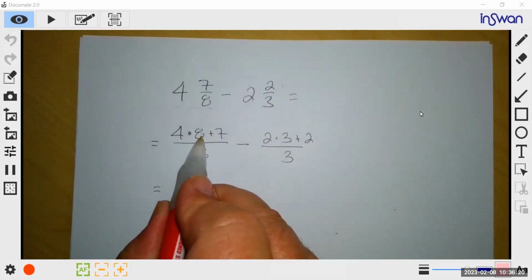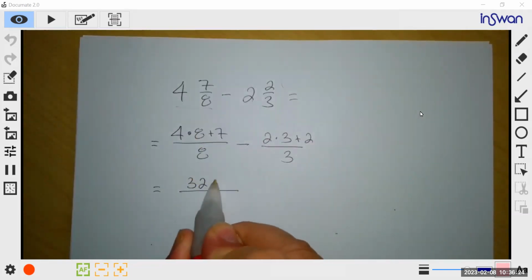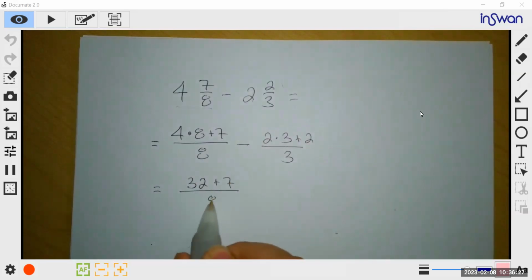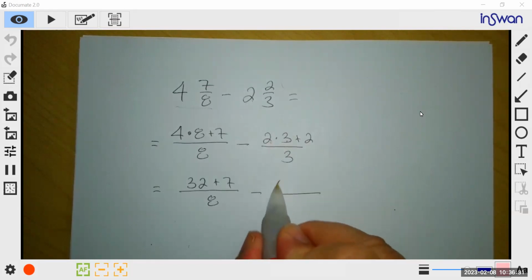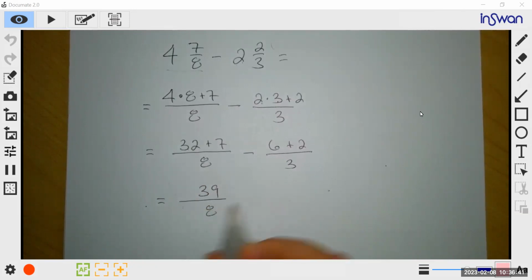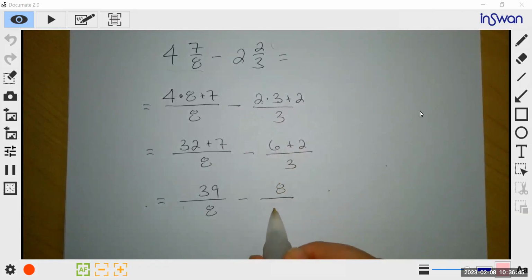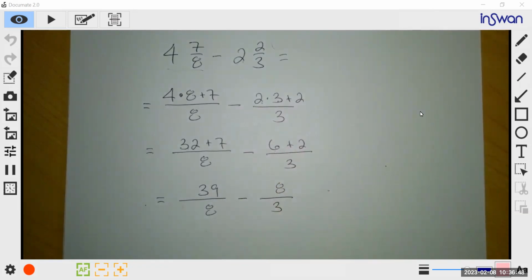Four times 8 is 32. 2 times 6... 2 times 3 is 6. 32 plus 7 is 39. 6 plus 2 is 8 over 3.